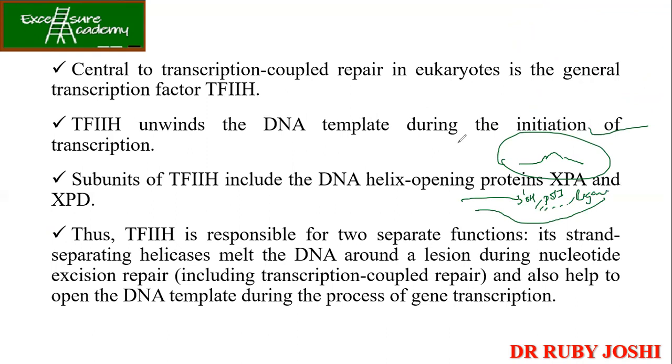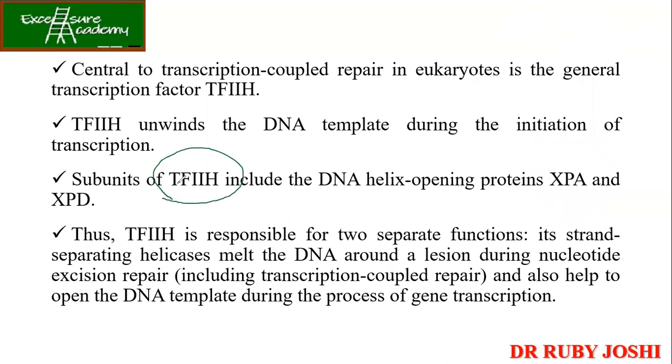Okay. So in case of eukaryotes, apart from XPA, C, D, B, we have TF2H also. That is transcription factor 2H. ठीक है? ये additional आपको याद रखना पड़ेगा. Okay? So it is having two functions. One is around the lesion. Okay?